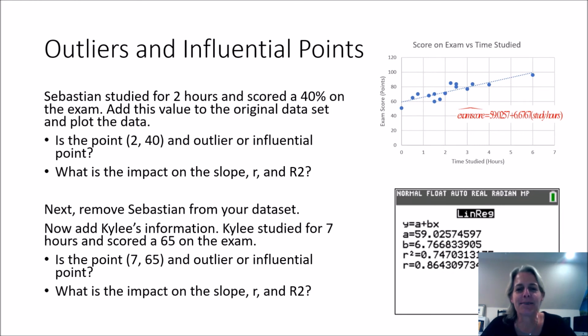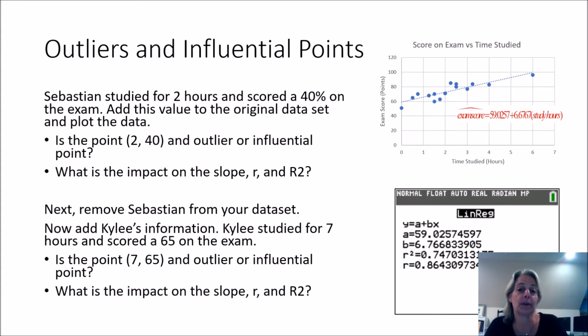So the last thing we want to talk about fairly quickly are the impact of outliers and influential points. And so remember that an outlier is usually a point that is outside the general pattern, but it's in the y direction. It's still within the range of the x values, but it might stand out in the vertical distance.